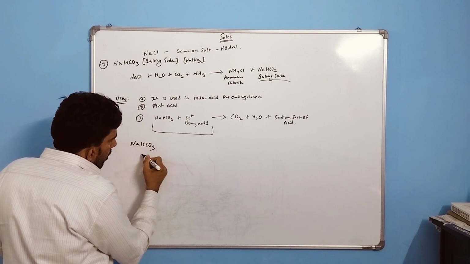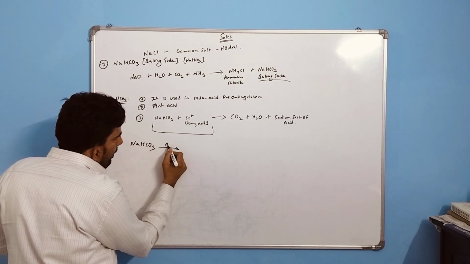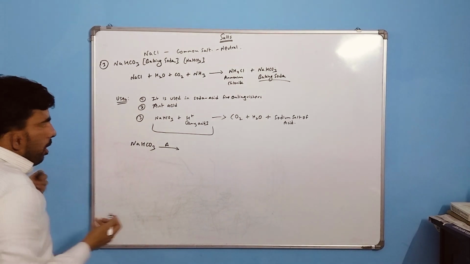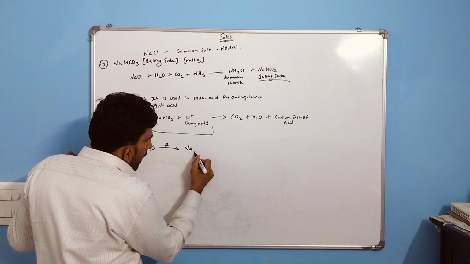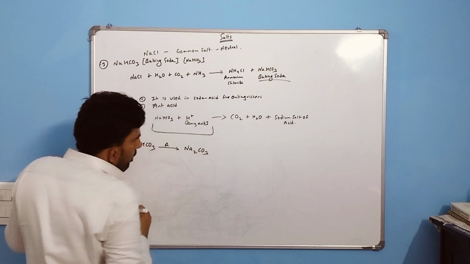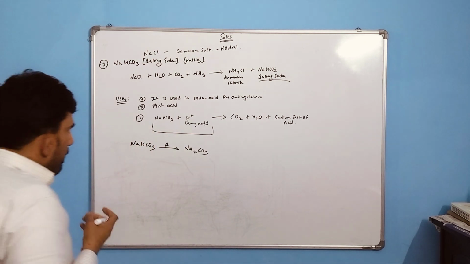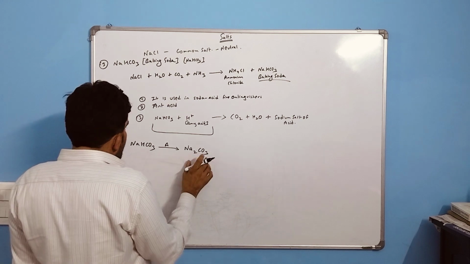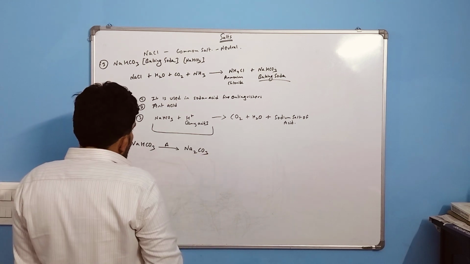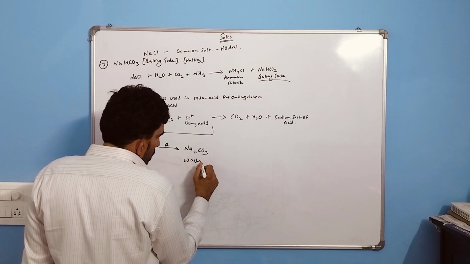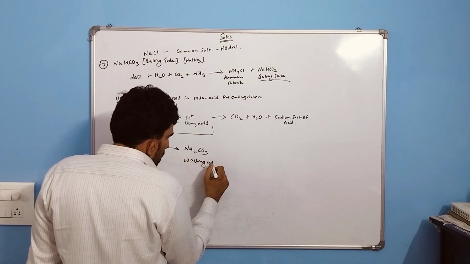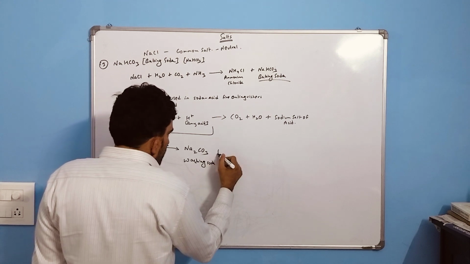And let us study more about NaHCO3. When you heat it, what will happen? What will you get? Na2CO3. Okay. When you heat it, you will get Na2CO3. That is called washing soda, plus water.